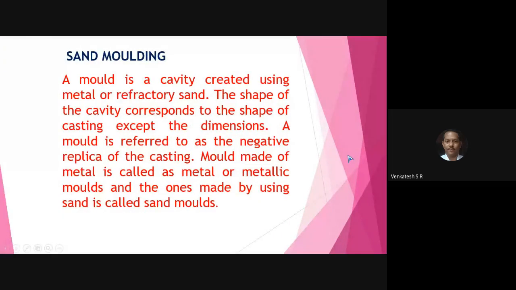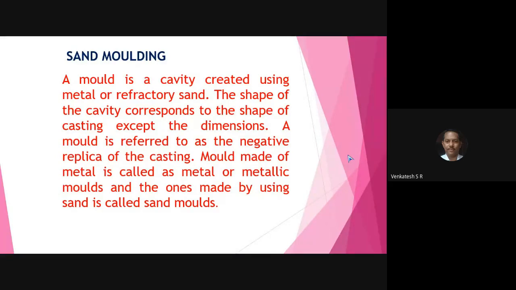Next, all of you, please write down sand molding. This is very important as per the subject metal casting. The mold cavity is prepared by using green sand or dry sand or a special type of silica sand.